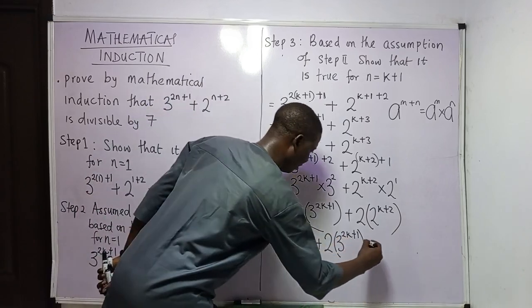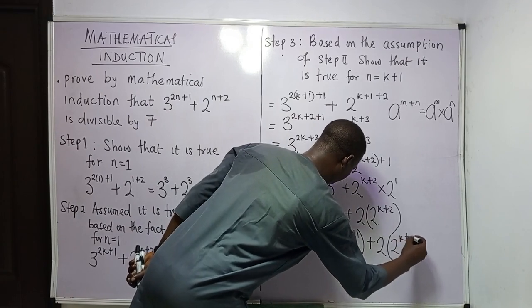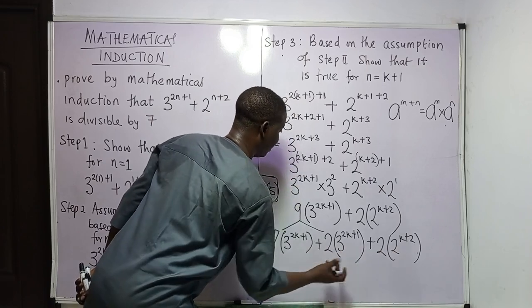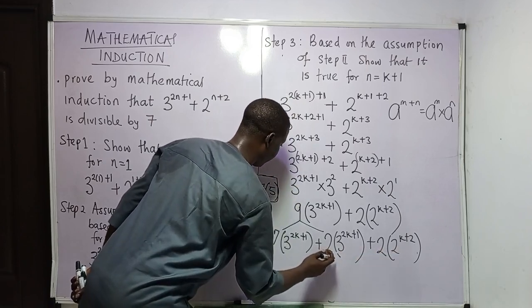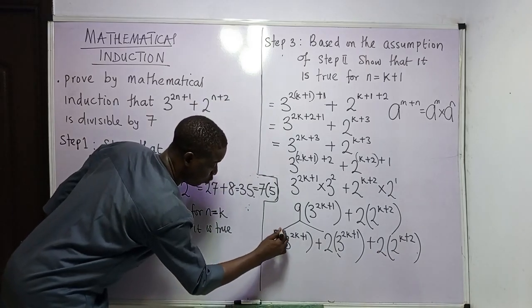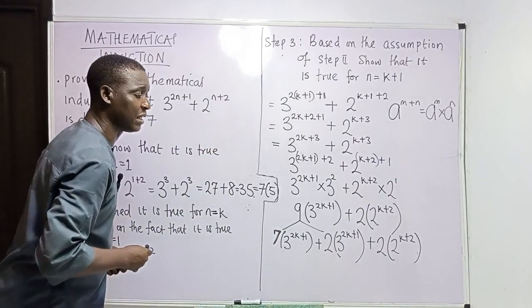Why am I doing that? Let me show you. You have 2 into bracket 2 to the power k plus 2. Now, I want these 2 to be able to factorize. So 2 is here, 2 is here. So this one now is divisible by 7 because I've written it as a multiple of 7. This is a multiple of 7. 7 can divide this one without remainder.